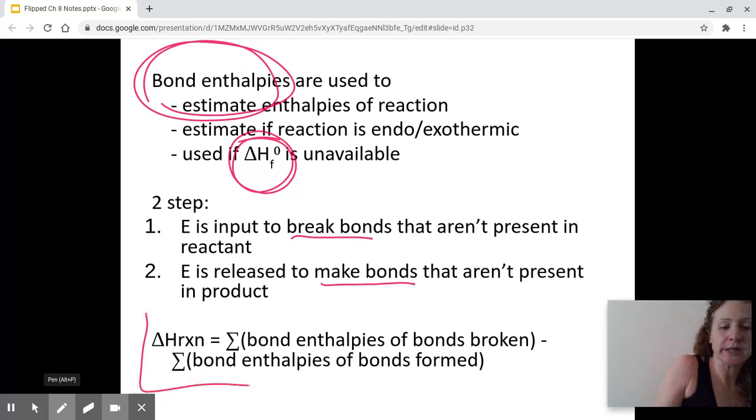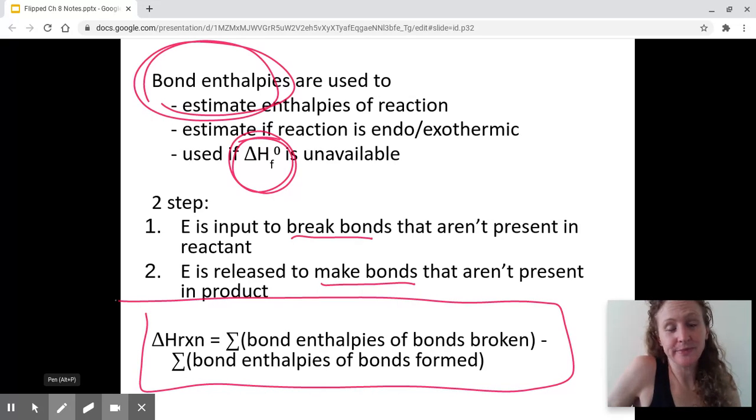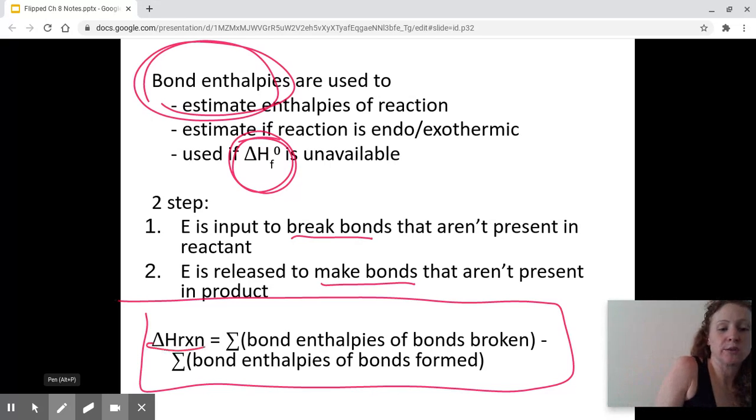So look at the formula here. This should look very familiar to you. It basically looks like what law? It basically looks like Hess's law, right? So you have the total enthalpy of reaction, you have the sum of all the bond enthalpies for bonds that you're going to break.